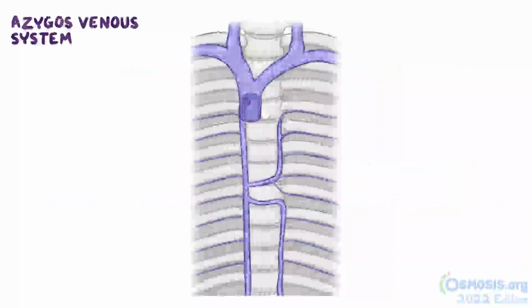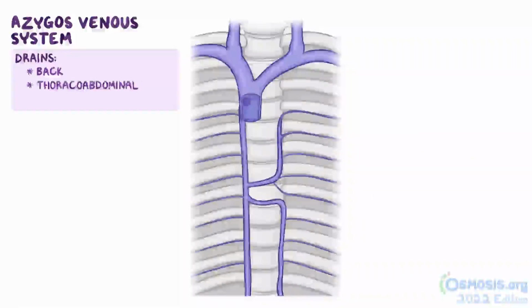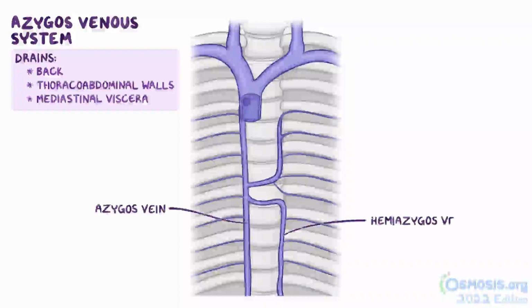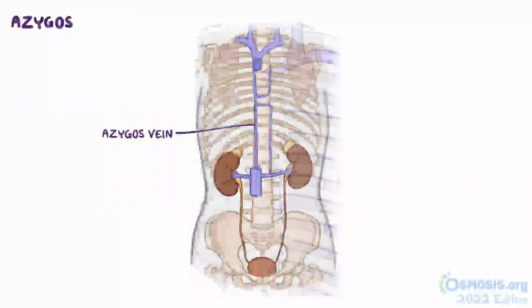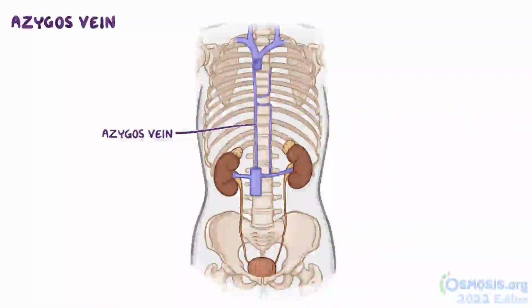It's located on each side of the vertebral column, and it drains the back, the thoracoabdominal walls, and the mediastinal viscera. Now, this system contains the azygous vein, the hemiazygous vein, and accessory hemiazygous veins. So, the azygous vein travels proximally up the posterior mediastinum and forms a collateral pathway from the posterior aspect of the inferior vena cava at the level of the renal veins.